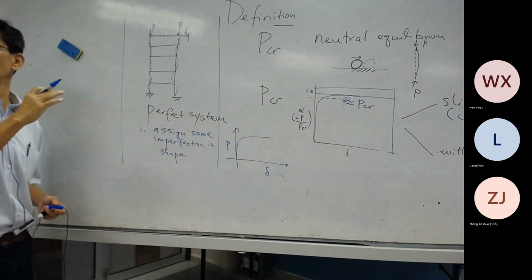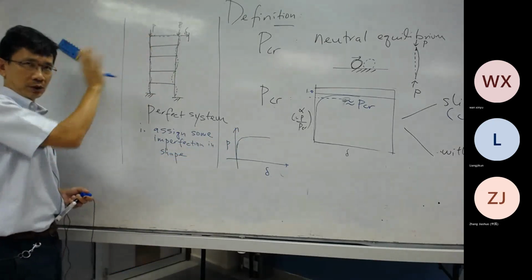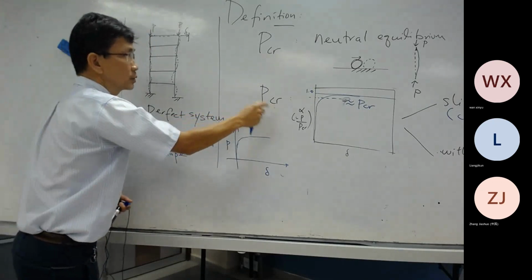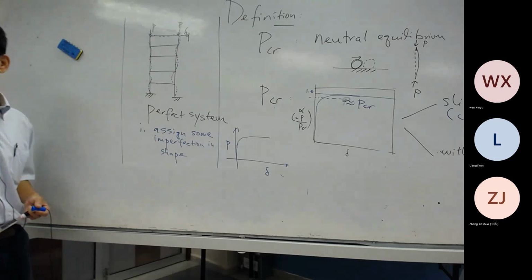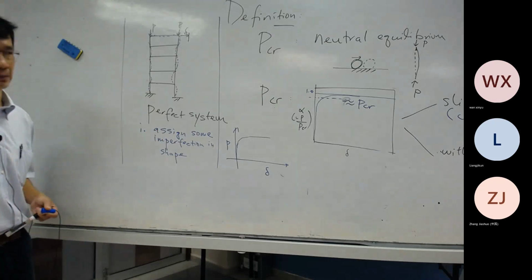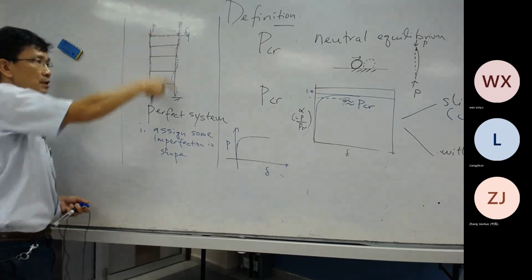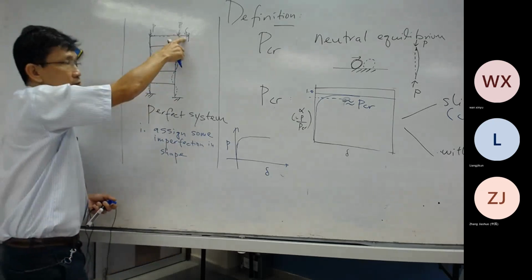This is by simulations, okay? You purposely give this shape, you disturb the shape, which should be perfect. But if you want to use this approach, then you have to assign some imperfections. And that imperfection must be very minor. Then you do analysis based on the disturbed shape. Then you try to get this result. You take one of the displacements.